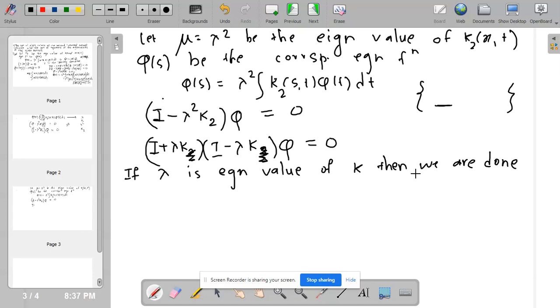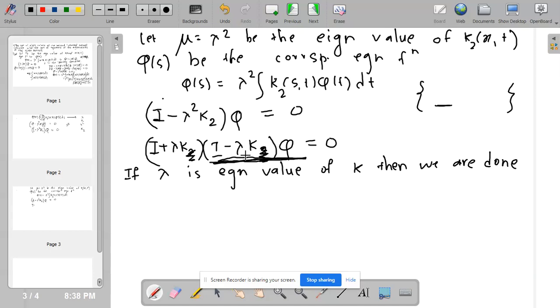But suppose lambda is not the eigenvalue of k. Then observe this equation carefully. If lambda is the eigenvalue, then this equation is equal to 0, so this is 0 operated by this operator, and you will get the answer 0.